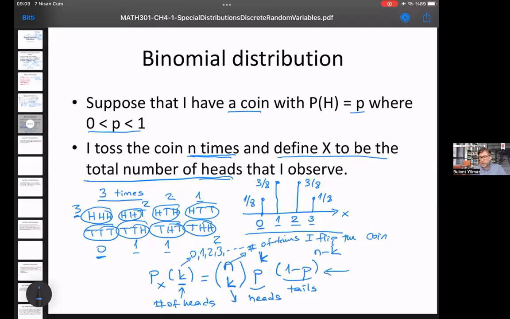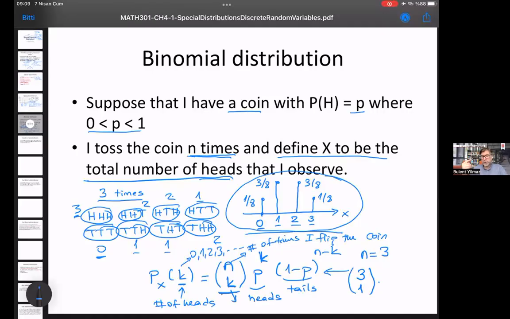Okay, for example, let's do it. Let's find out. This is the situation, right? I'm flipping a coin 3 times, so n is 3. And now I'm going to implement this formulation. Out of 3, what's the probability of obtaining 1 head? The probability of obtaining 1 head times, what's the probability of obtaining heads?